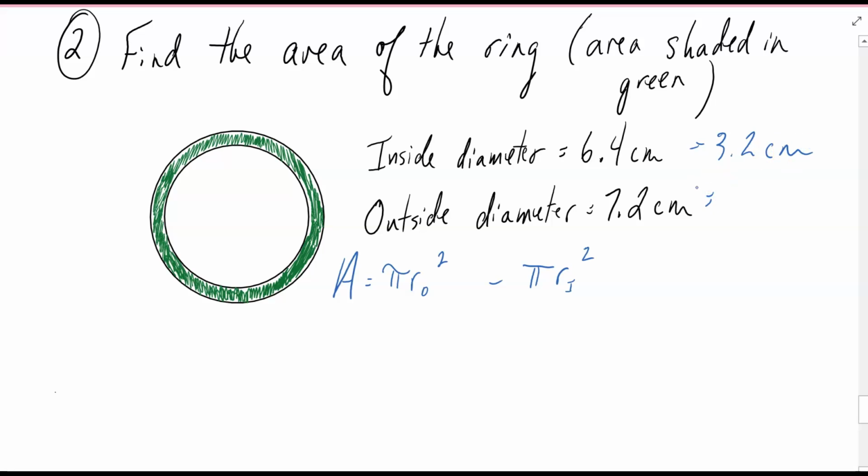Same with here. The outer diameter is 7.2, so the radius is 3.6 centimeters. All right, so the area will be pi times 3.6 centimeters squared minus pi times 3.2 centimeters squared.